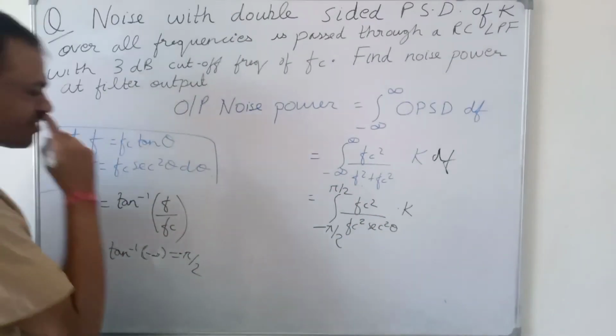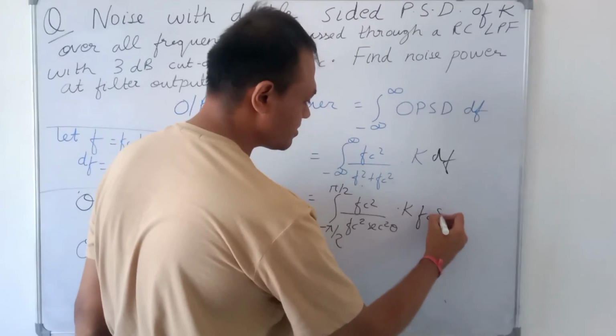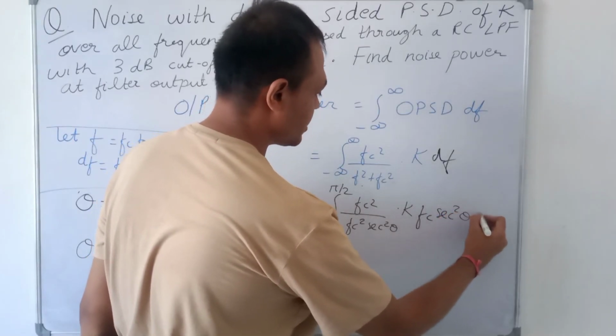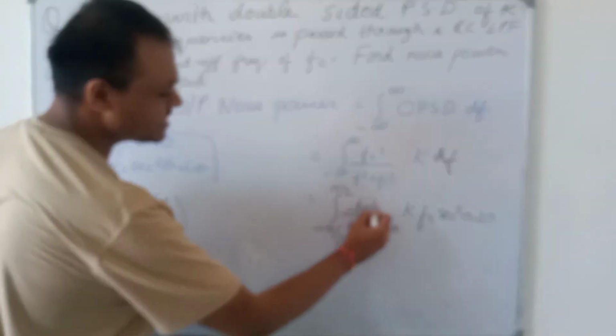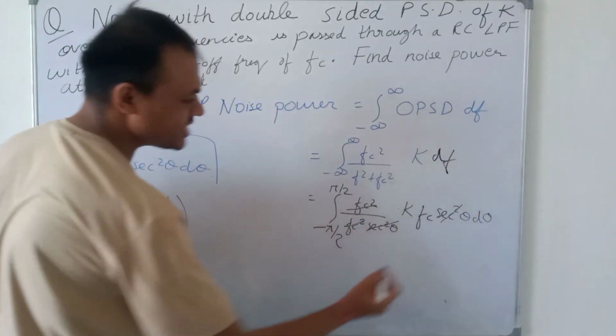And k into df, where df is fc sec²θ dθ. So the sec²θ and sec²θ will cancel, and the fc² and fc will cancel to leave fc.